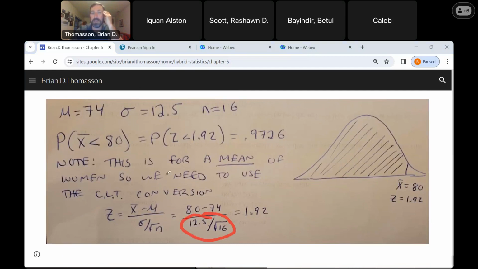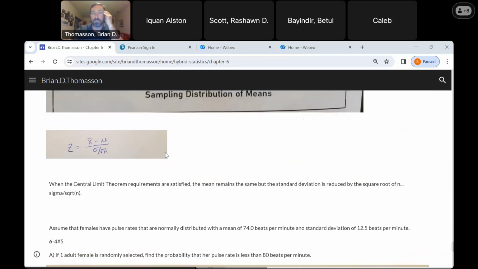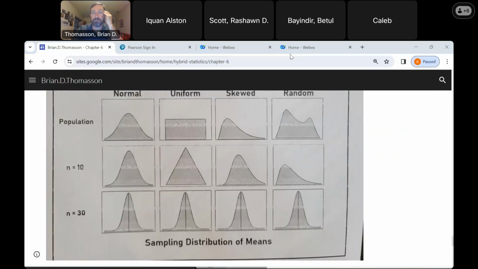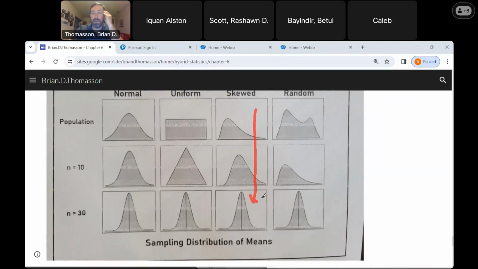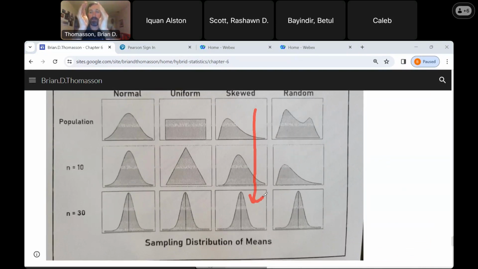As soon as we have a mean, our standard deviation changes. Going back to the picture that Caleb likes so much, as we go down this list, our standard deviation changes. It goes down and down and down. It goes down by the square root of n. Here we have the standard deviation of sigma.